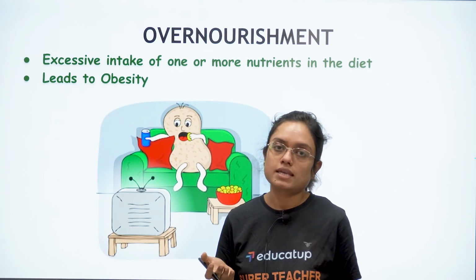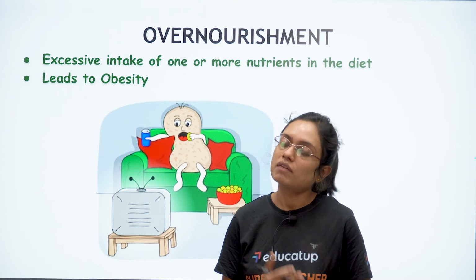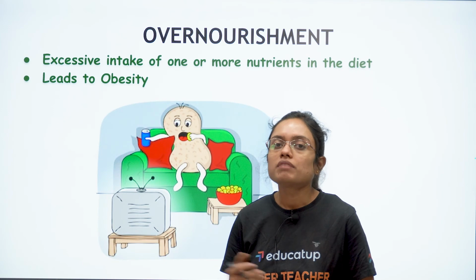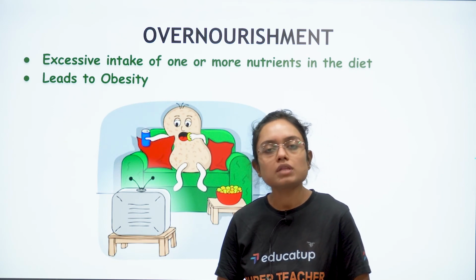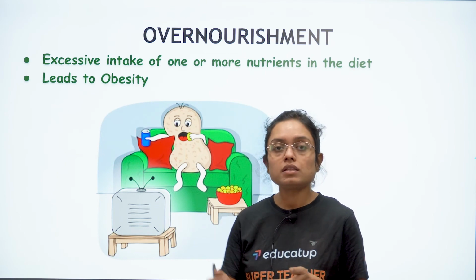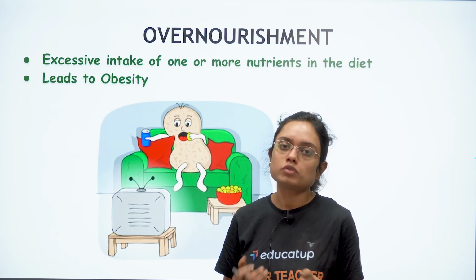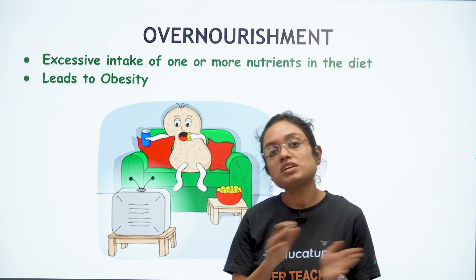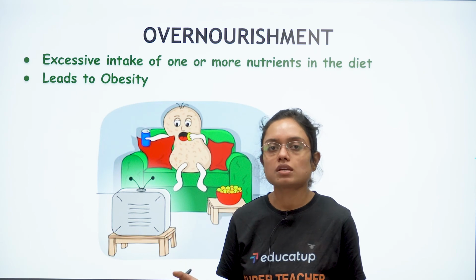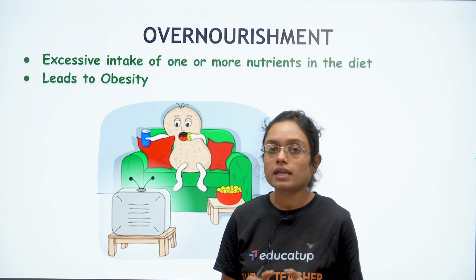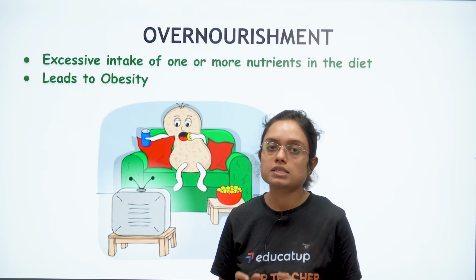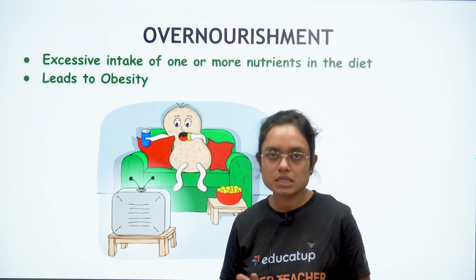Your weight will increase, and you will have a lot of other diseases, plus you will suffer from a problem called obesity. Your body doesn't want the food, but mentally you have a craving for eating and you will keep on eating. So it becomes a vicious cycle. You keep on eating, your weight is increasing, you are still eating, weight is increasing. So that is why avoid taking extra nutrients. Excessive intake of nutrients should not happen in any condition.